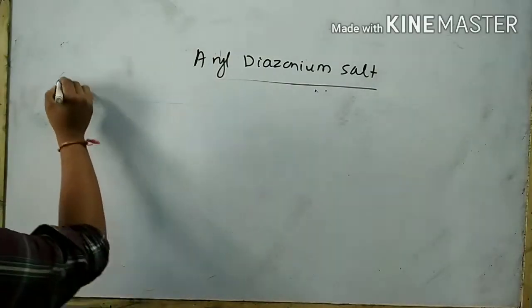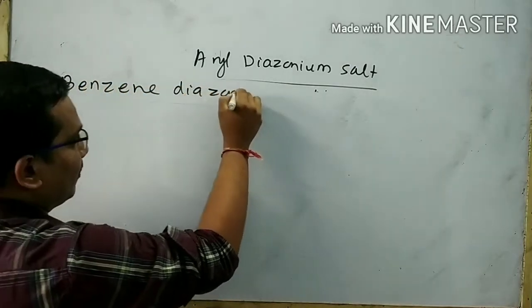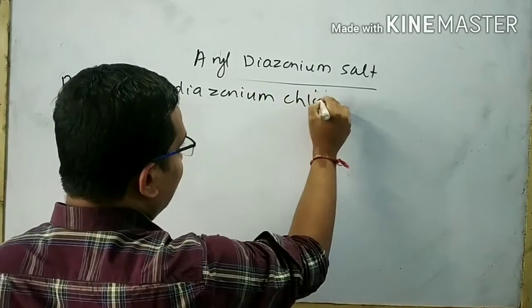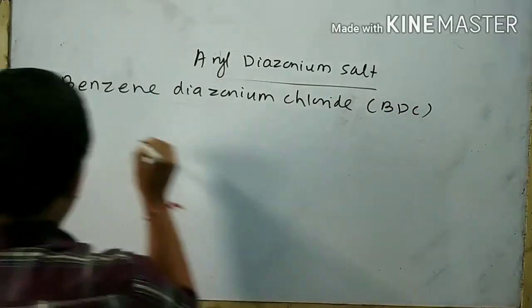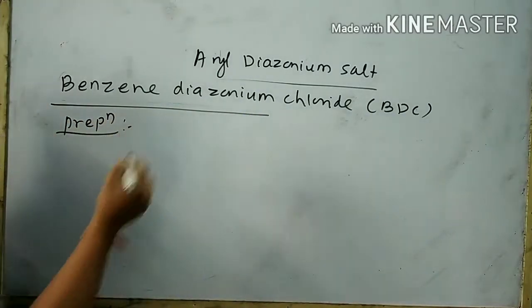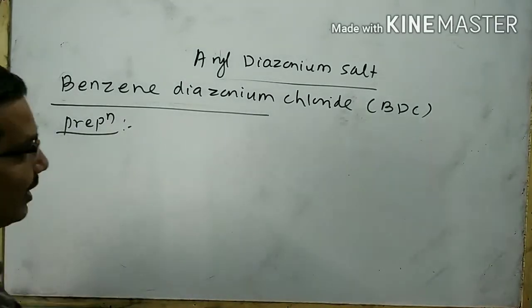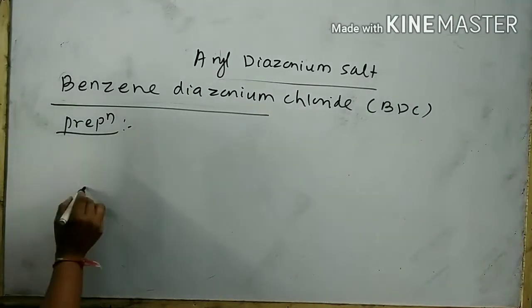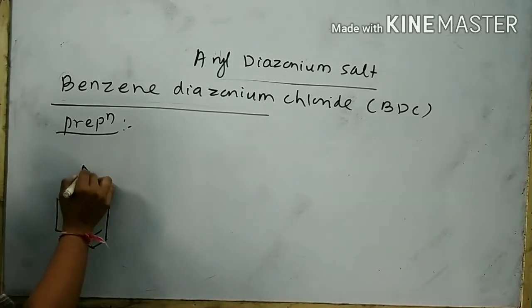Now I will discuss benzene diazonium chloride, which is shortly called BDC. At first I will discuss the preparation of benzene diazonium chloride. Benzene diazonium chloride can be prepared from aniline. This is the structure of aniline.